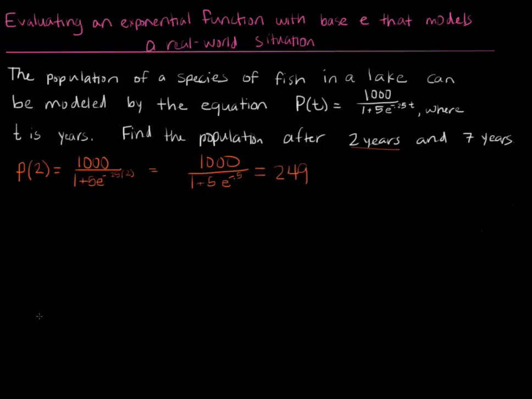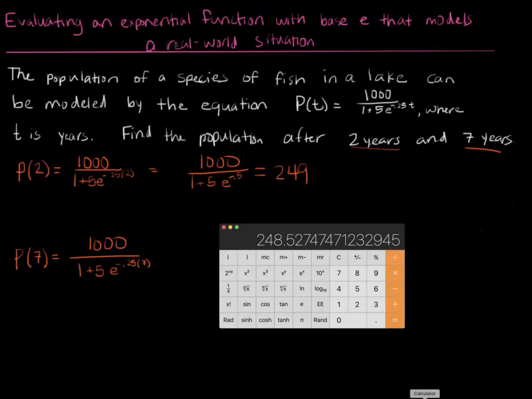249. Okay, now after 7 years, we're going to plug in P of 7. So this is going to be 1,000 over 1 plus 5 e to the negative 0.25. Oops, I'm getting ahead of myself. Negative 0.25 times 7.